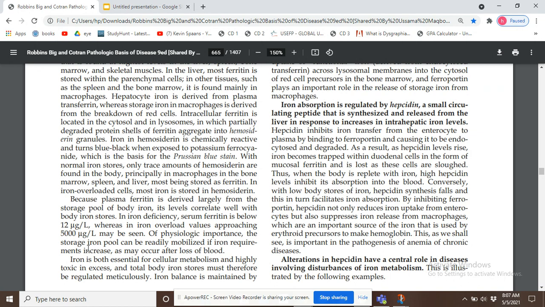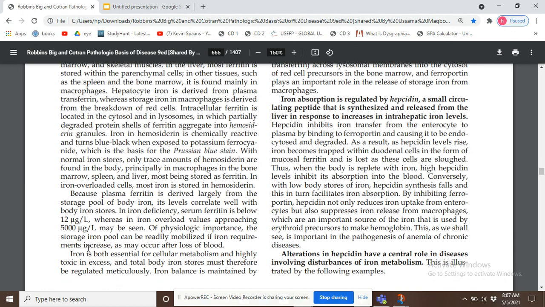For example, in iron deficiency anemia, if the serum iron level goes down, the serum ferritin level also goes down. If in some cases the serum iron level goes up, the serum ferritin level also goes up. Serum ferritin is the best initial test for the diagnosis of iron deficiency anemia.